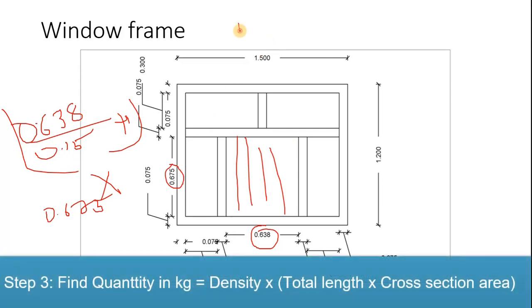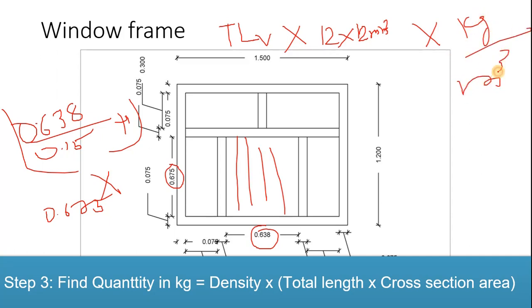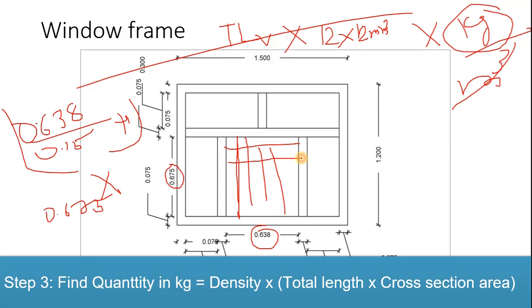Once we know the total length of the vertical bars, we multiply it by 12 mm by 12 mm. Now convert this into meter and multiply by kg per cubic meter. Cubic meter cancels and we get only kg. In this way we can get the kg of vertical bars and the kg of horizontal bars.